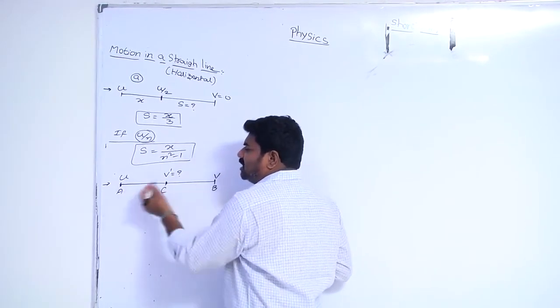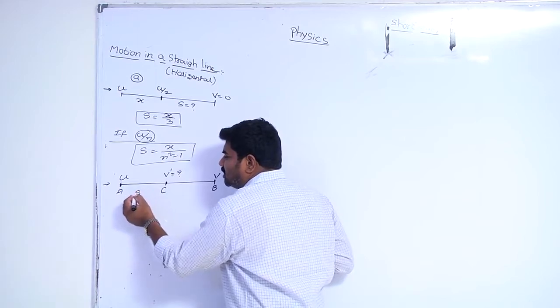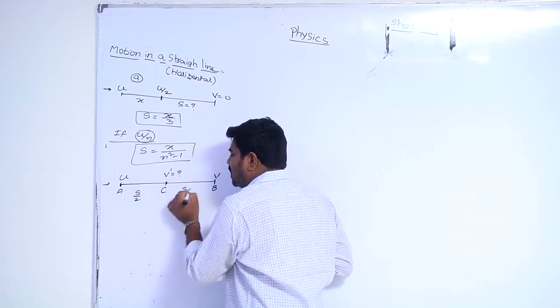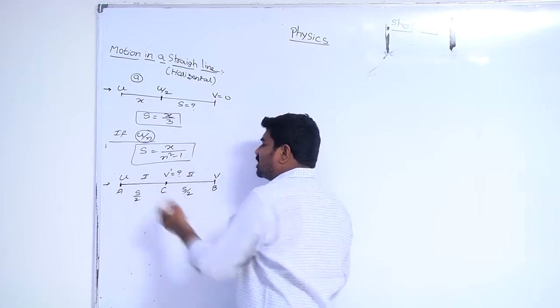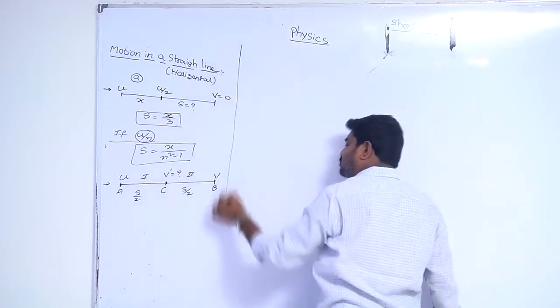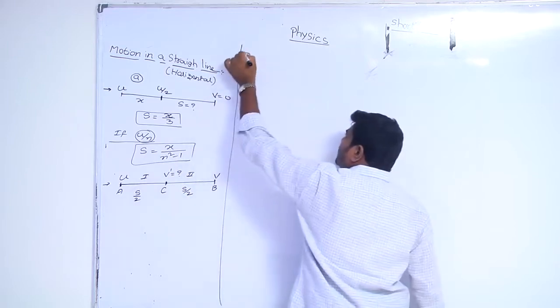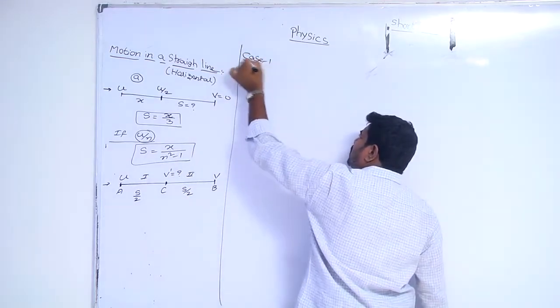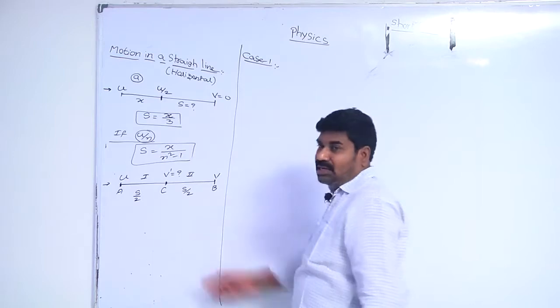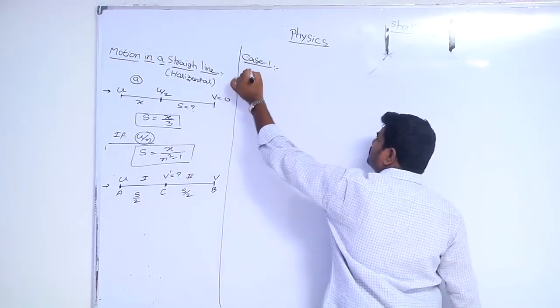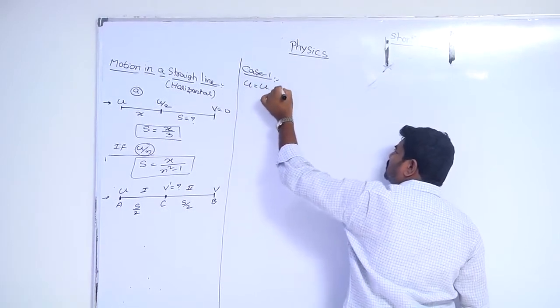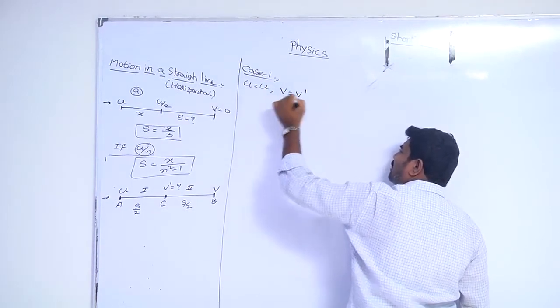Total distance is s, half of the distance is s by 2. Here there are two cases, case 1 and case 2. In case 1, the initial velocity is u, the final velocity is v dash.